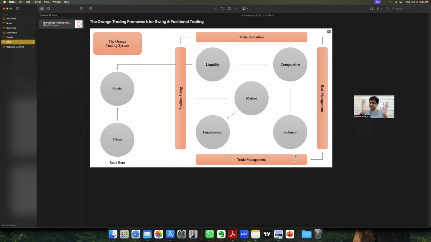Everything boils down to this simple model that I have created, which is the reason why I encourage you to download, print, and laminate this model and stick it to a wall where you can see it very clearly so that you don't miss out on anything before you make a trading or an investment decision.